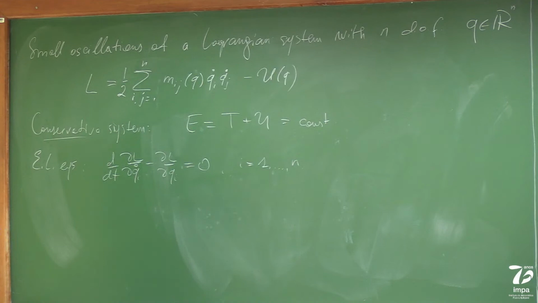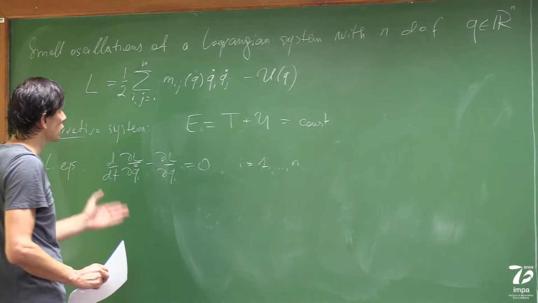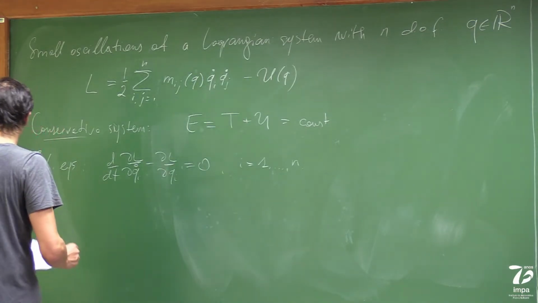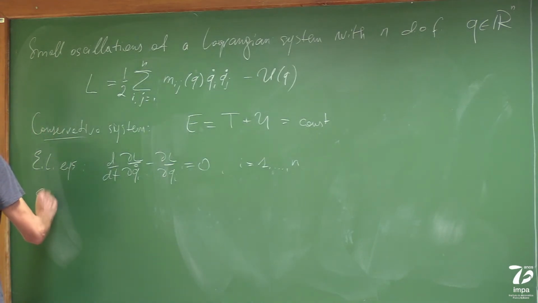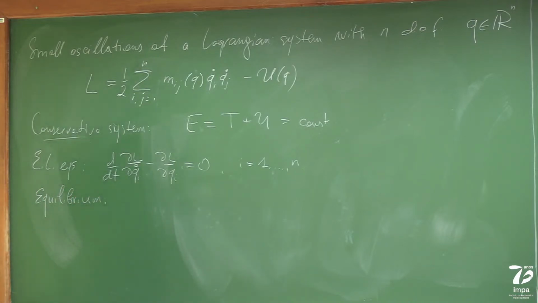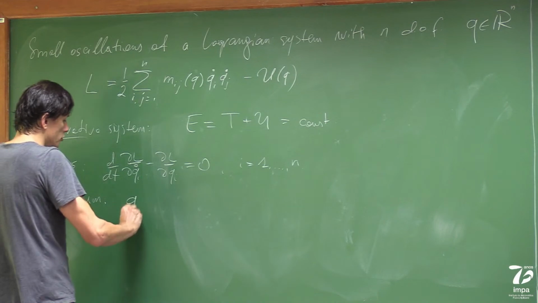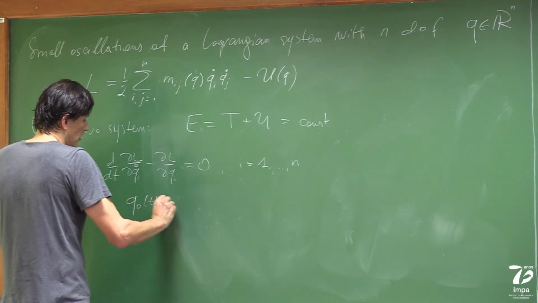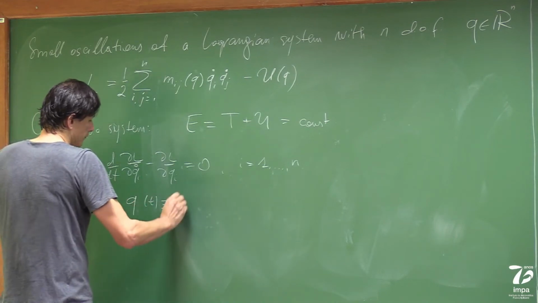And we cannot solve them in original form, but first we consider the equilibrium solution, and then we consider near-equilibrium solutions. So equilibrium is a solution which does not change in time.